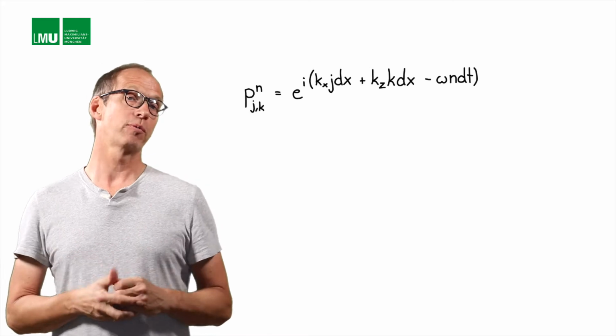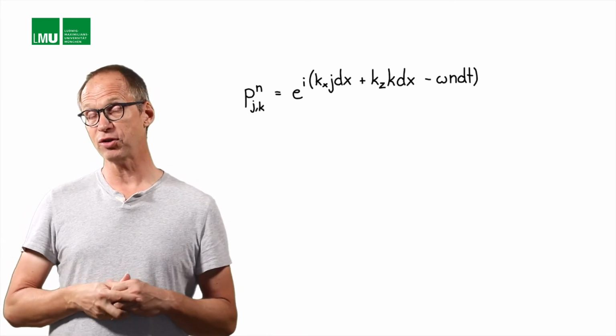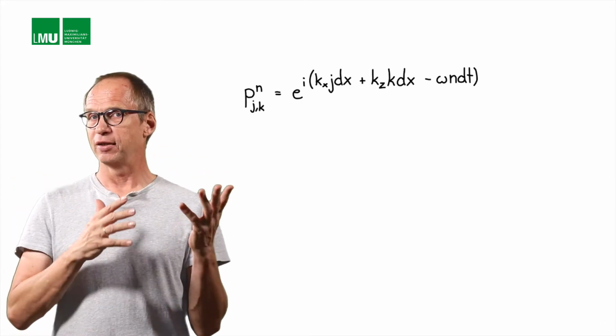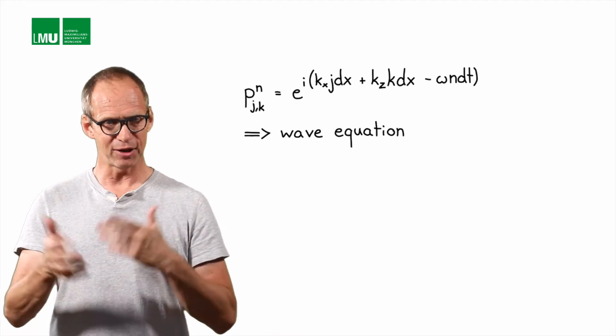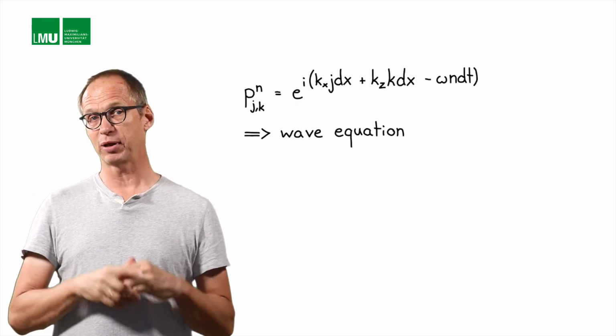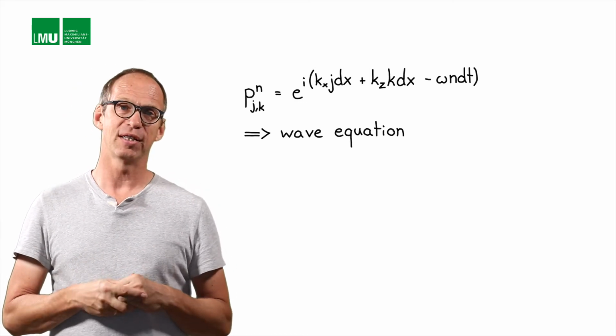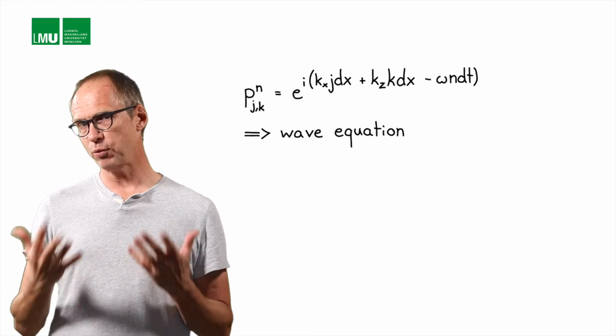With this discrete representation of a plane harmonic wave in 2 dimensions, we now enter the wave equation and go through the whole algebra as we did in the 1-dimensional case, which I spare you at this point, but I invite you to try this out. We will see this later in the exercises, and I will show the result.